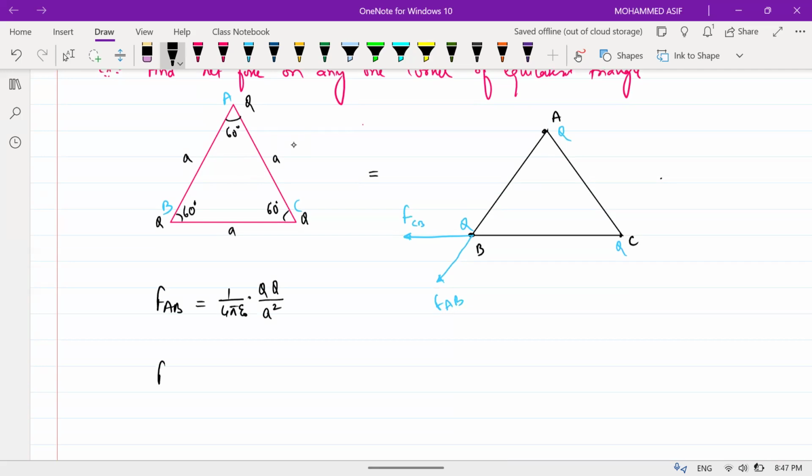Now the force exerted by C on B will be equal to 1 by 4 pi epsilon naught into Q into Q divided by A square. Both of them are the same, so I'm giving the name F. So this force is equal to F. This force is also equal to F.